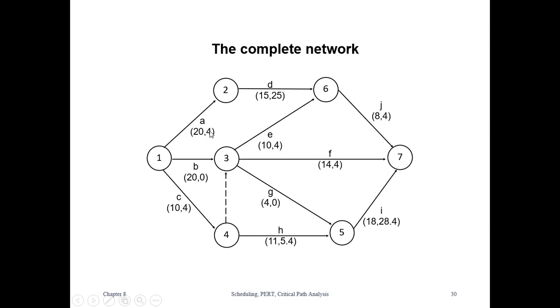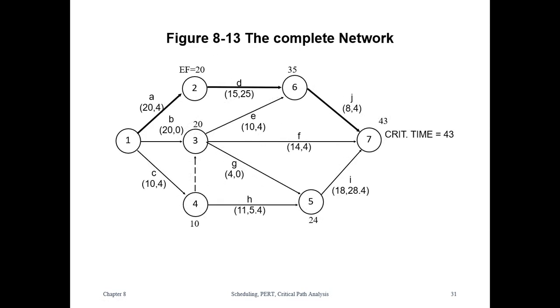So the first job is, based on the given details, to draw the network diagram, then mark all the activities and the 2 readings, which are the expected value or mean value and the standard deviation. The next job is to find the critical path.